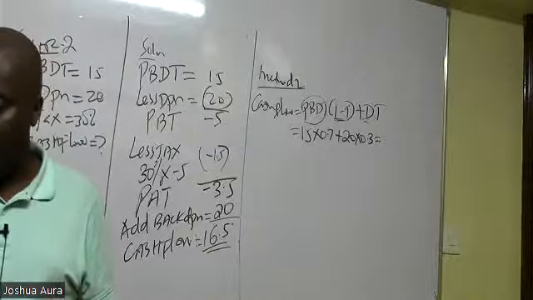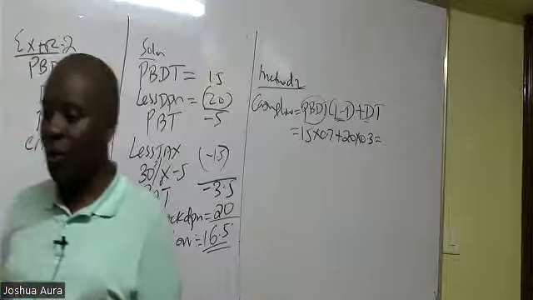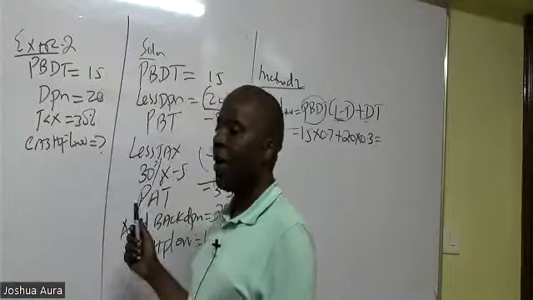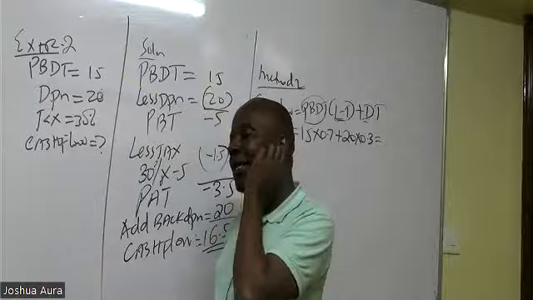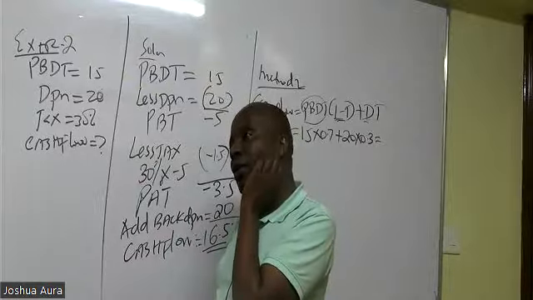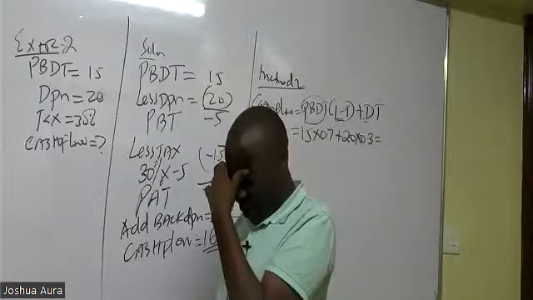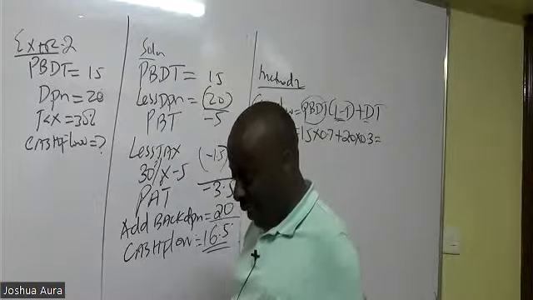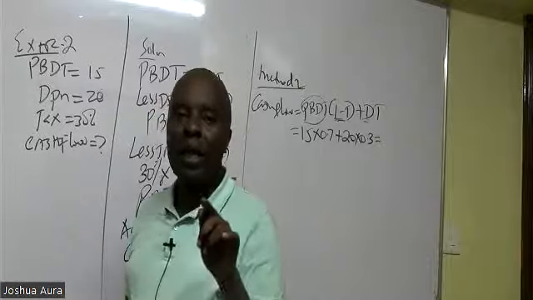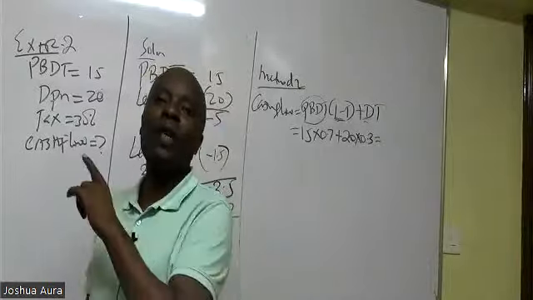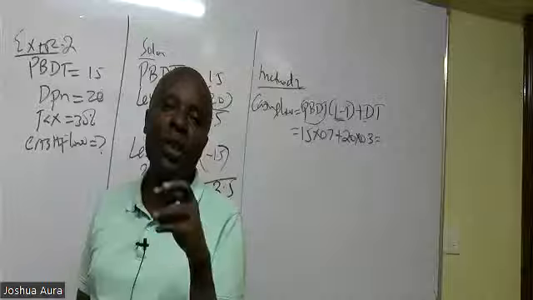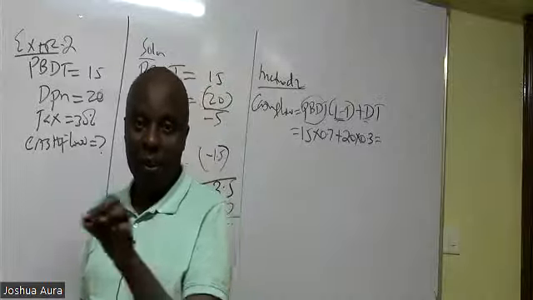Do you still call it profit after tax? Good question, even if it's a negative. Remember, Agnes, the worst mistake you can make is, for example, when somebody asks what was the loss of Kenya Airways last year, and you say Kenya Airways made a loss of negative 10. When you call it a loss, you can't put a negative.